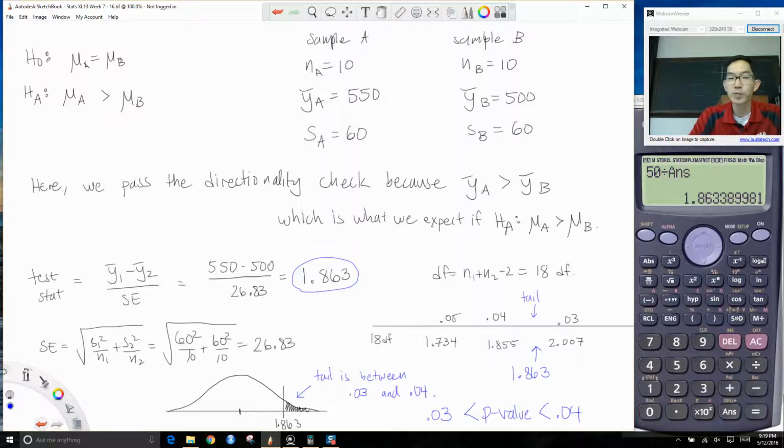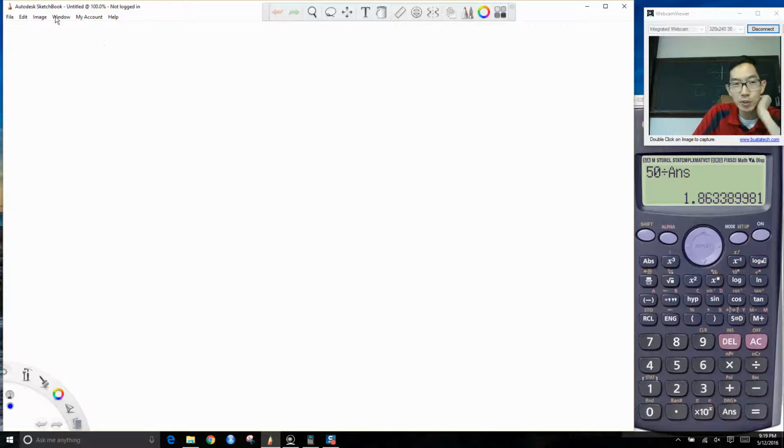And so if our p-value is between 0.03 and 0.04, and let's say our alpha, we decided to use a 5% alpha, what is the conclusion we make? Our p-value is less than alpha.